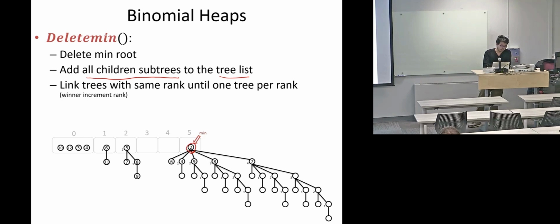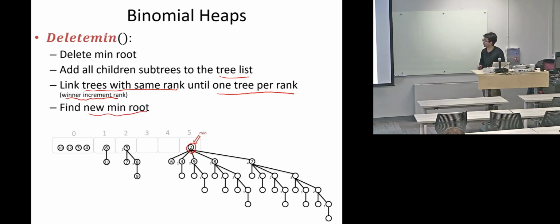And then we keep linking the trees with the same rank until there exists only one tree per rank. When you link, the winner will increment its rank. And once you're done with that, you just find the new minimum root. Okay, so let's see an example.